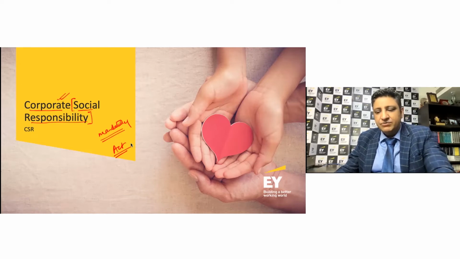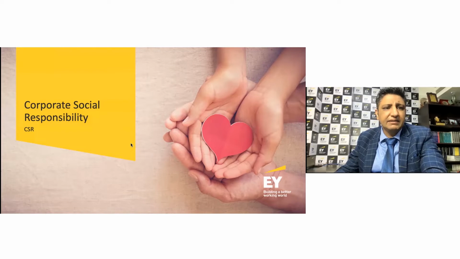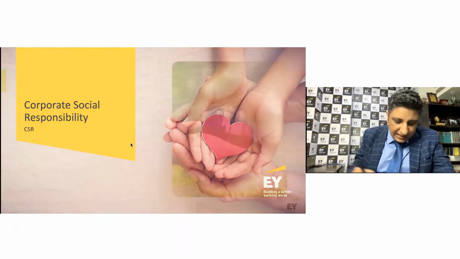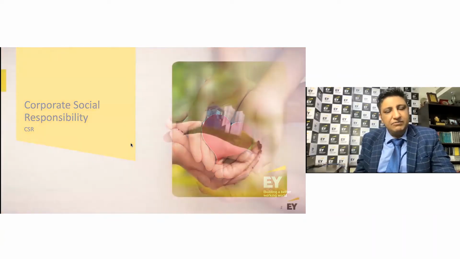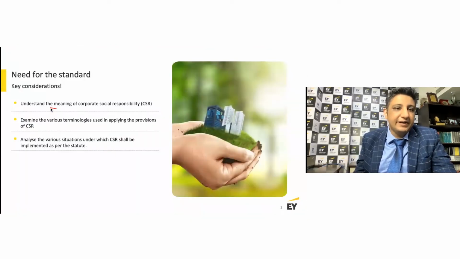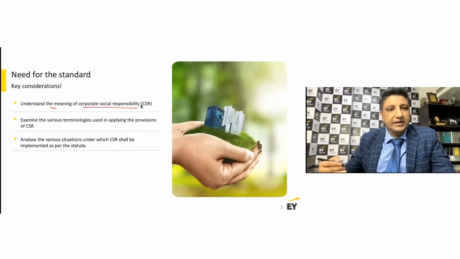So the very consideration of this topic is to understand the meaning of CSR. Of course, we briefly talked about the need for CSR for organizations, since it has become mandatory already. Then how do you deal with that in accounting, in disclosure, and from the spending perspective?